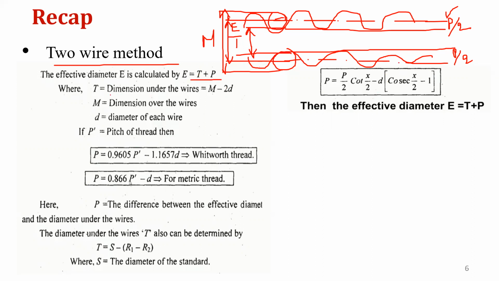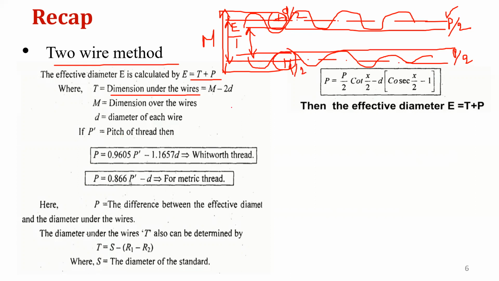Here T is the dimension under the wires, so we can calculate the T value as capital M minus this. This is half of the diameter, and here also we have half of the diameter, so the total is 1 diameter.